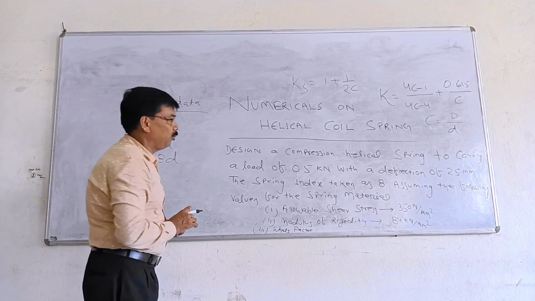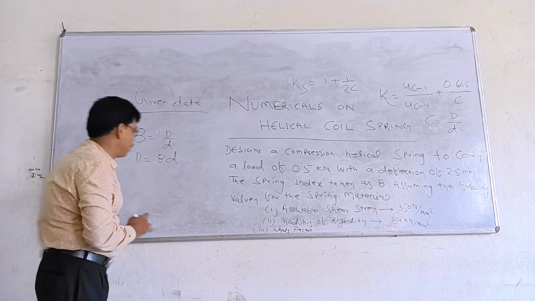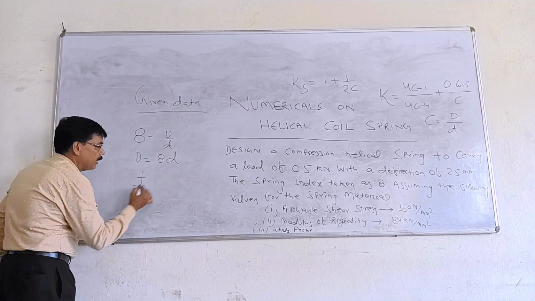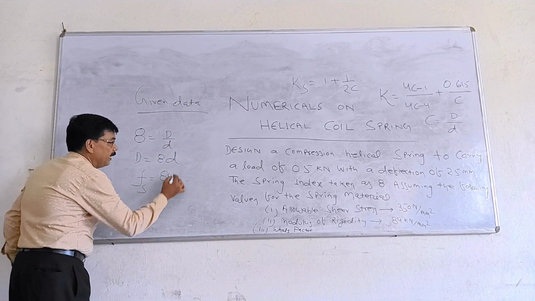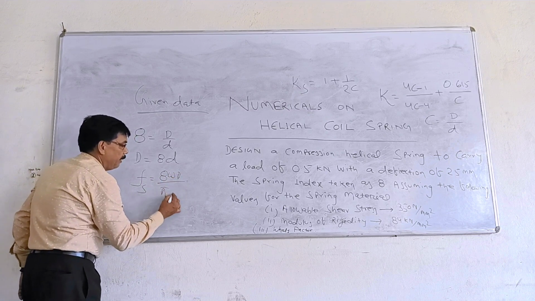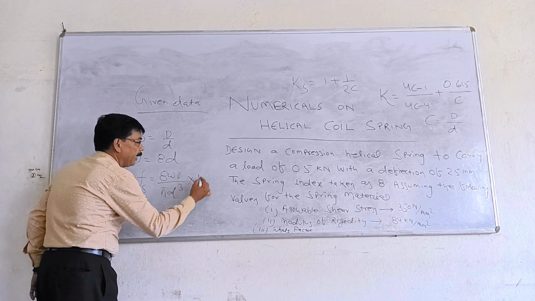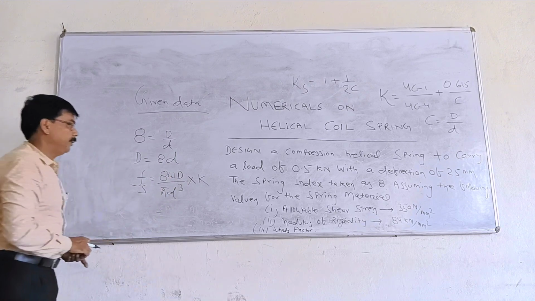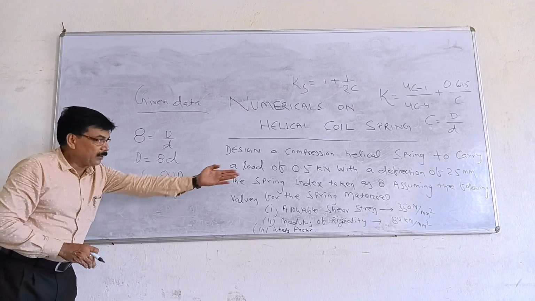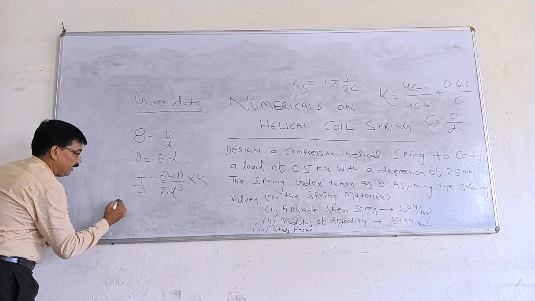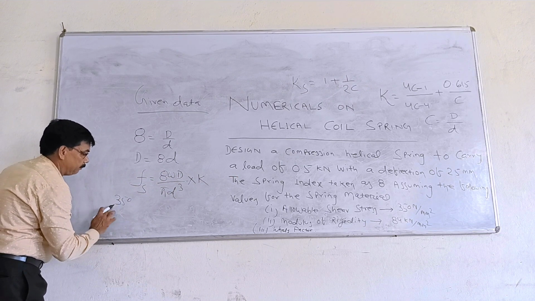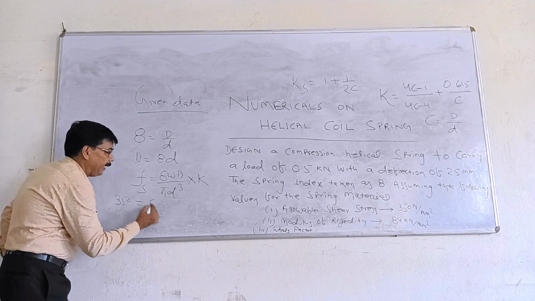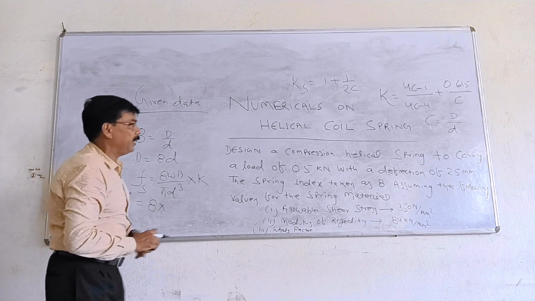Now we use the formula for maximum allowable stress, that is Fs is equal to 8WD by pi d cube into K. Fs value given is 350 Newton per mm square. 350 Newton per mm square is equal to 8 into W value given.